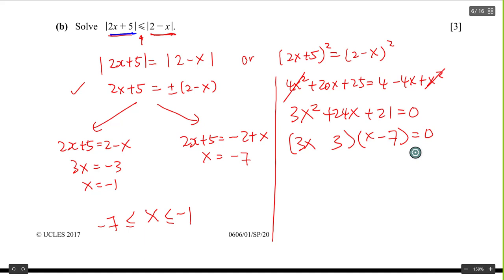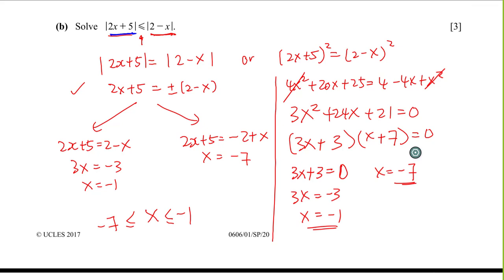So it's plus for both. Then 3x plus 3 equals 0, sorry. So 3x equals negative 3, x equals negative 1. Then this one x equals negative 7. See, both will give you the same answer.